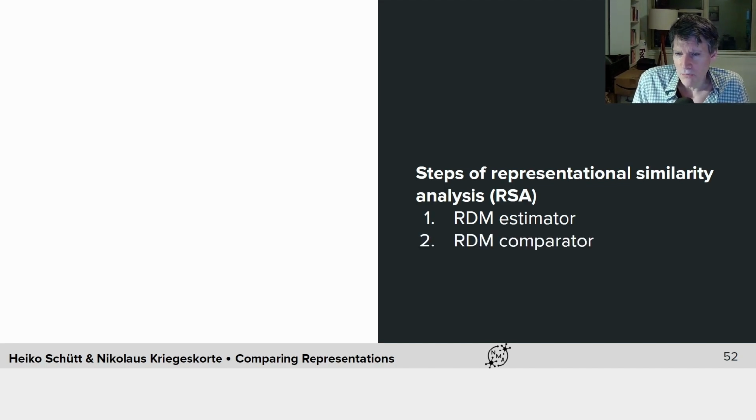The second step is to choose an RDM comparator in order to quantify the similarity between different representations. And the third step is model comparative inference, where we compare different models as models of a representation in a brain region so that we can learn something about the computational mechanisms underlying the representations in the biological brain.